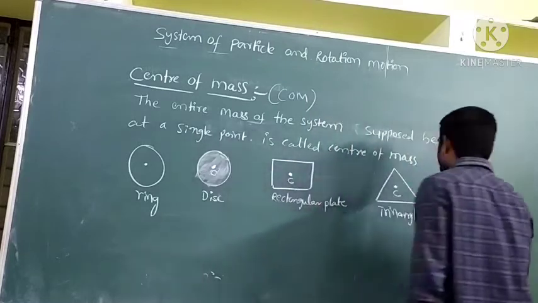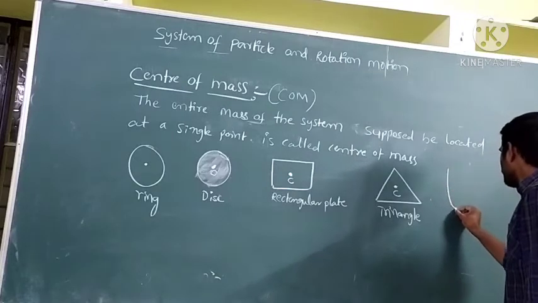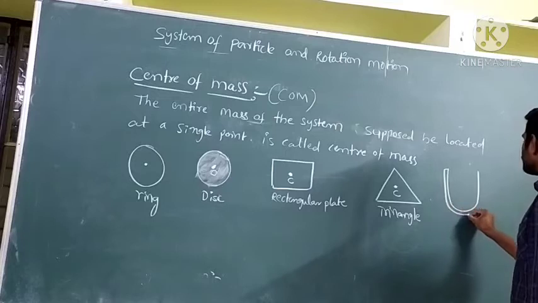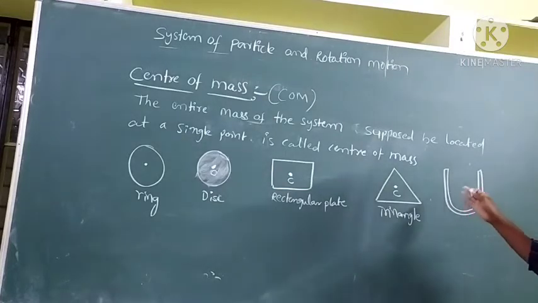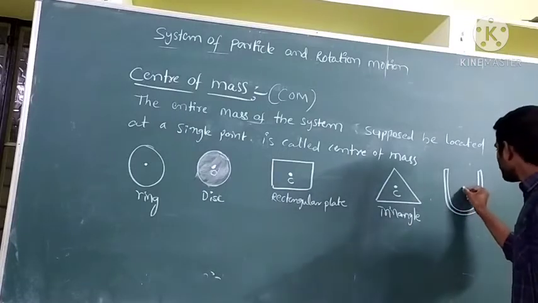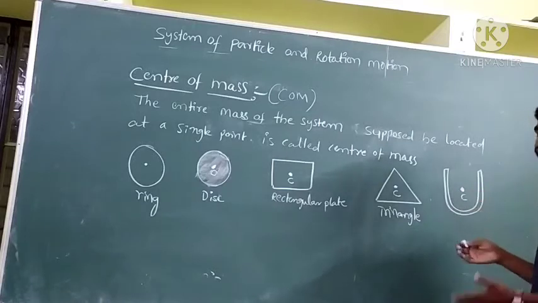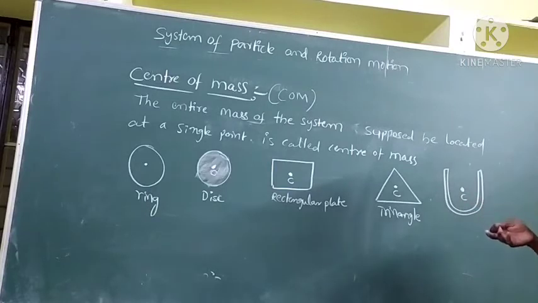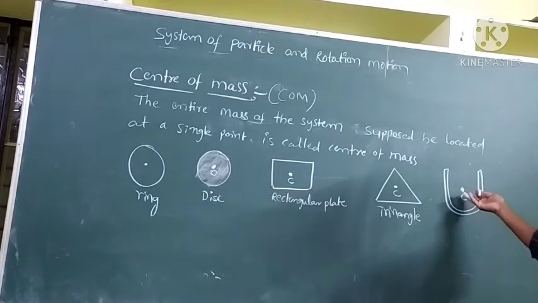If you have a doubt, you can take this kind of body. Wherever the entire system can be held by choosing a single point or by using a single finger, that point we can call the center of mass.